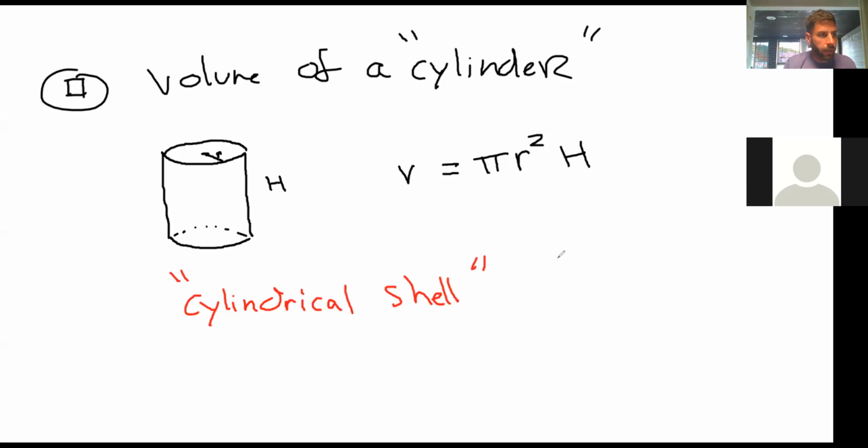So what does that look like? Imagine here's our cylinder, but we're going to drill a hole out of it. And so when you look inside, it looks like this. So it's hollow.